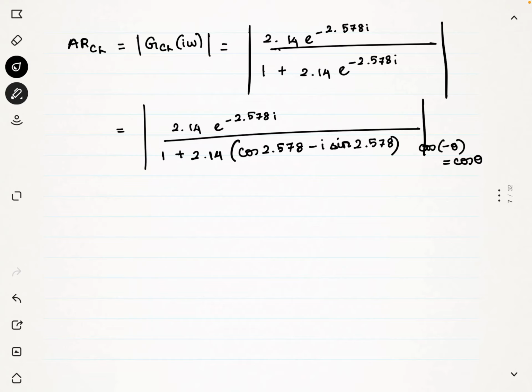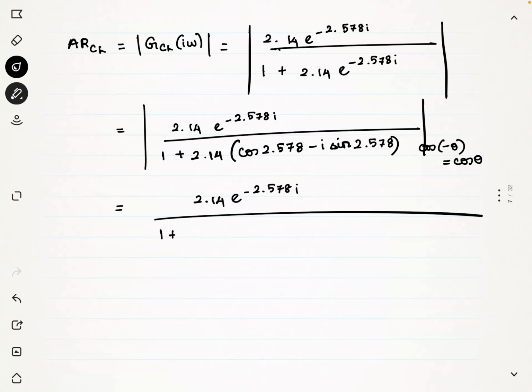And now if we group it into real parts and imaginary parts, 2.14 into e power minus 2.578 i divided by 1 plus 2.14 cos 2.578 minus i sin 2.578, whole modulus.